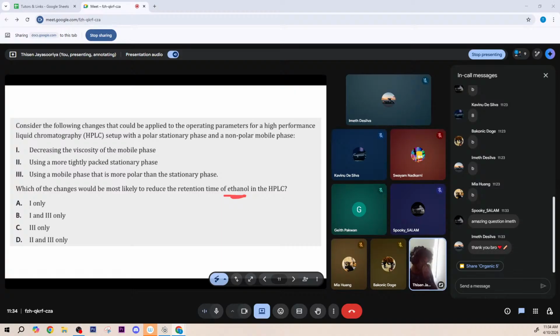What do you guys think? A, B, C, or D? So mostly thinking about, is it polar, is it non-polar?